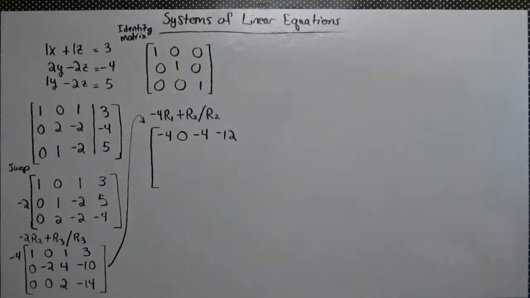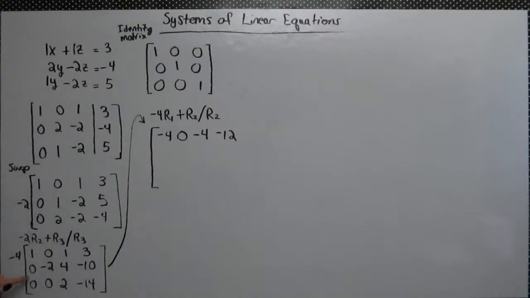Because if I add that to row 2 and I replace row 2, it's not going to be 0 anymore. That's going to change that one too. Yuck. All right, let's just see what happens.